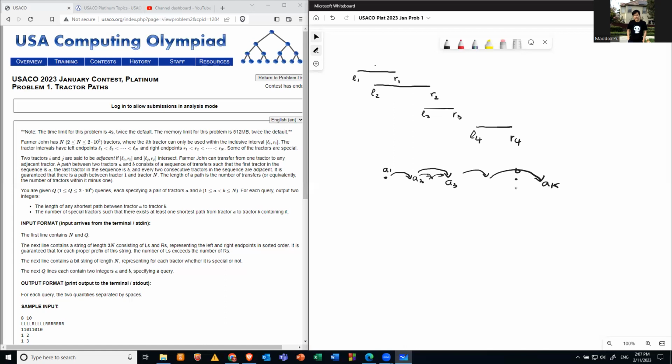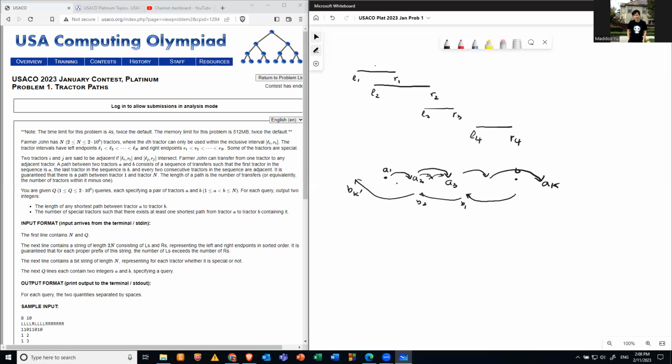You can do the same from B by reverse jumping. B goes to B1, B1 goes to B2, and then you go all the way to, let's say, K prime. For the same reason, this is also the shortest path.